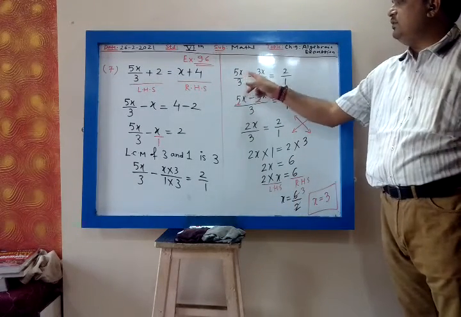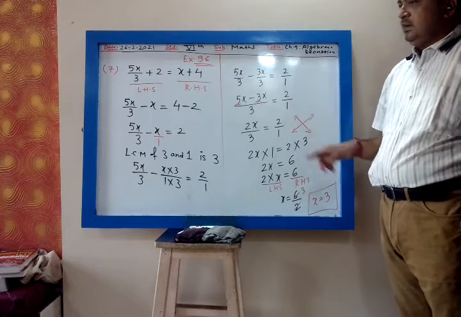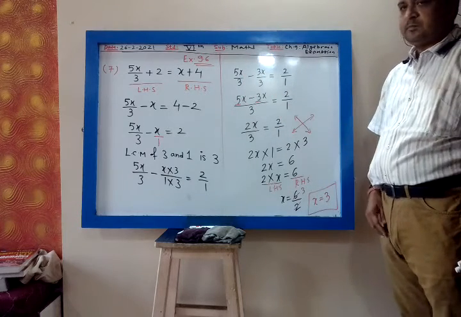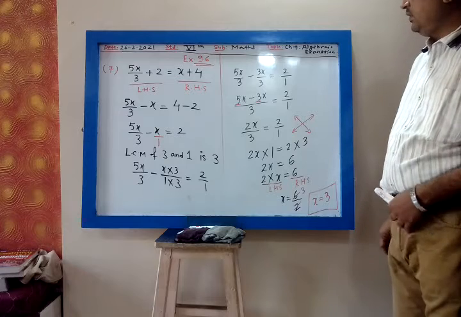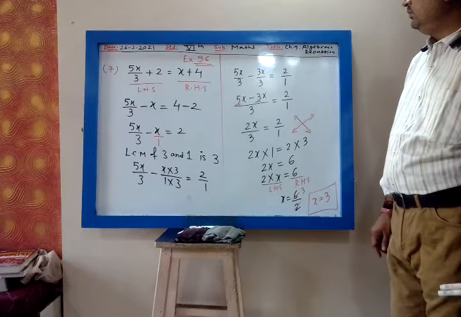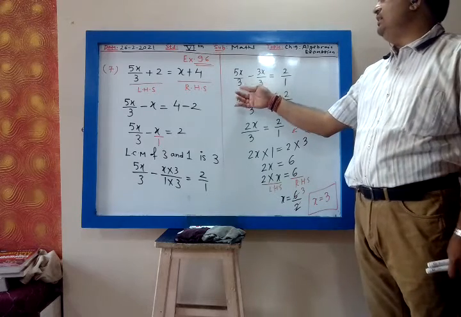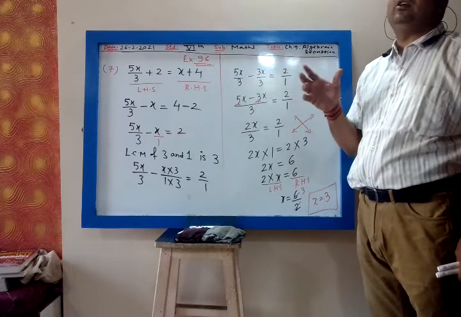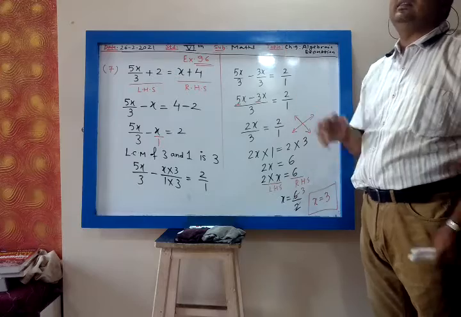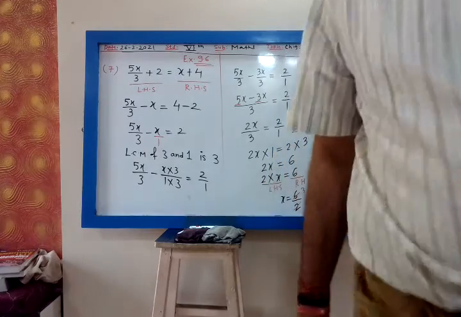So I can simplify numerator. 5x minus 3x upon 3 is equal to 2 upon 1. My dear, denominator is same, so you will not subtract the denominator. You will simplify the numerator.